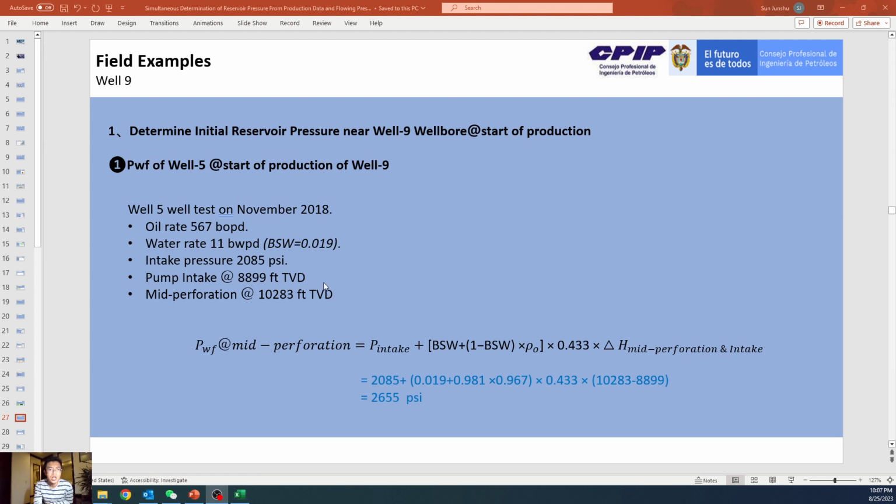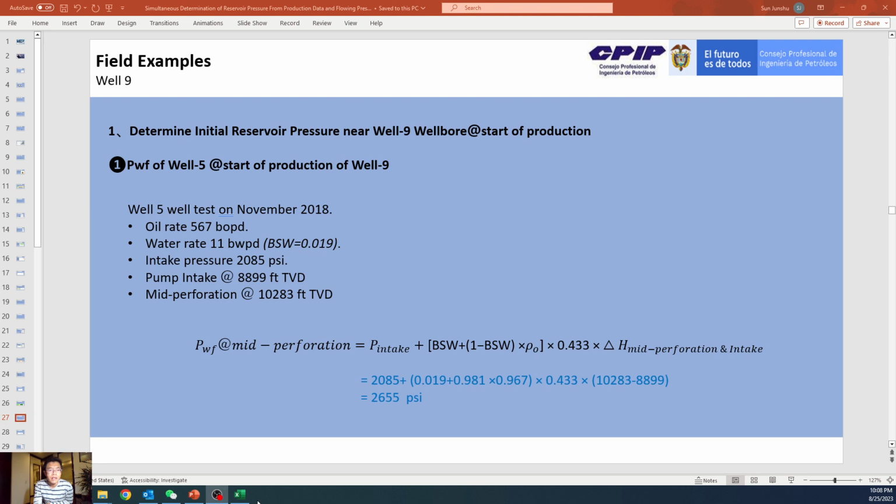The intake pressure is 2,085 psi. Pump intake TVD is at 8,899 feet. Mid perforation at 10,283 feet TVD.